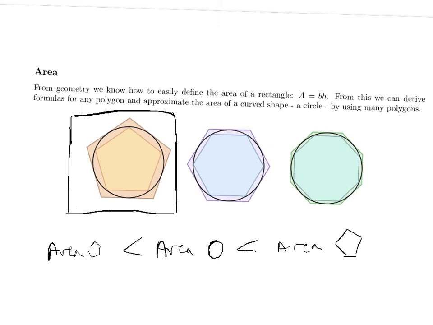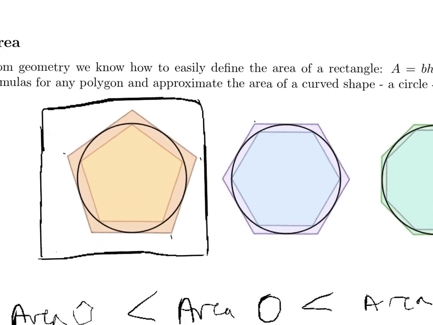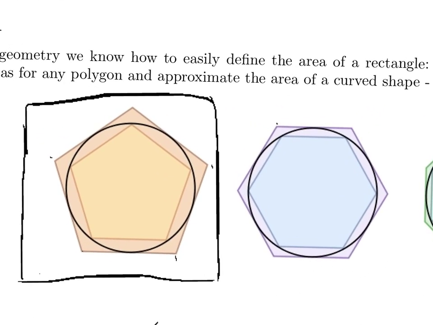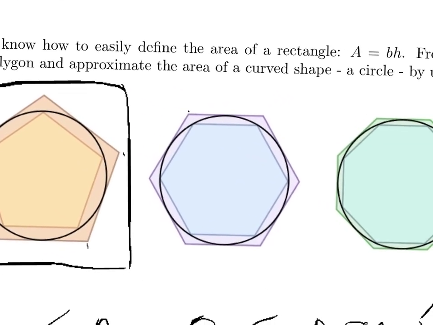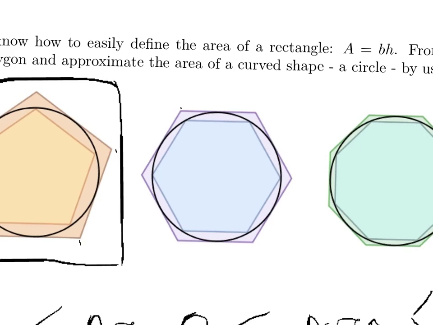So what can we do to get a better and better approximation? In this case, we've got 5 points. We can get a better approximation if we increase the number of points on our polygon. You'll notice here that the area between the 2 pentagons is greater than the area between the 2 hexagons, right?